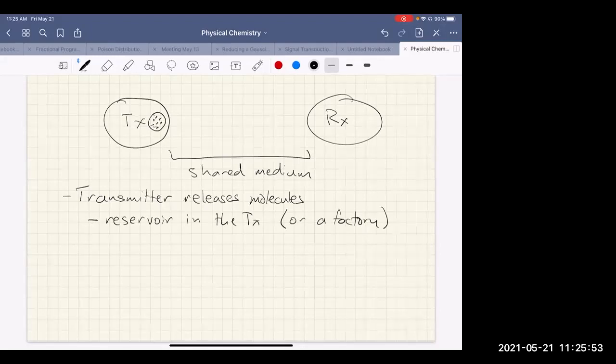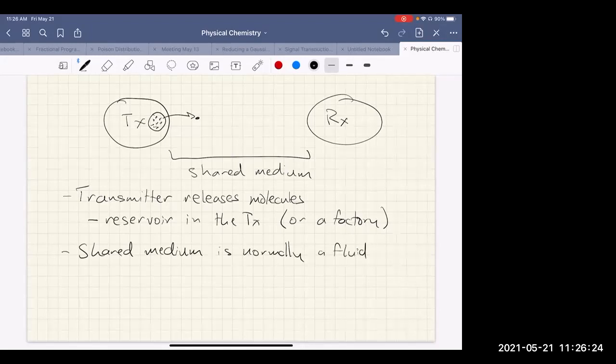Then using some technique, which we're going to leave abstract for now, but we saw some examples in the introduction, the transmitter is going to select a molecule and release it into the shared medium. So the shared medium is normally a fluid.